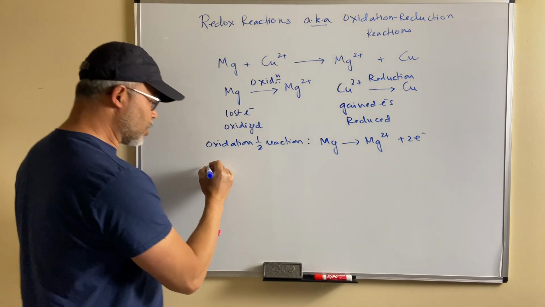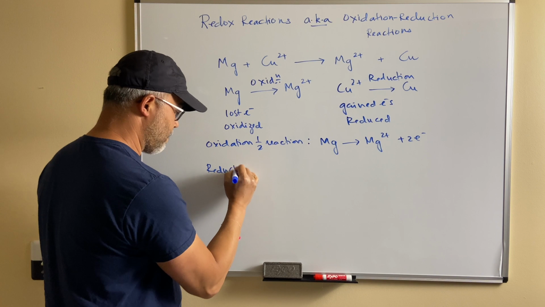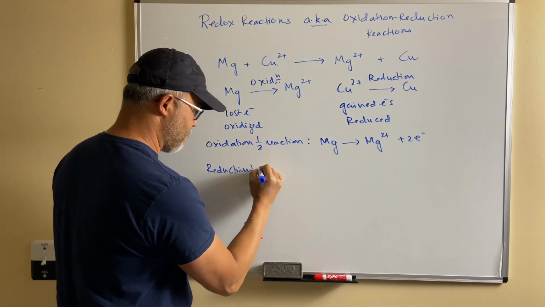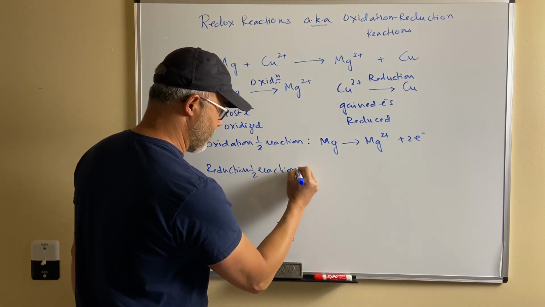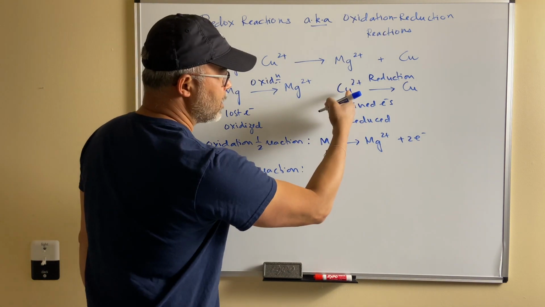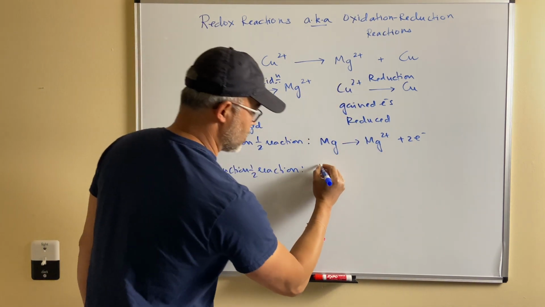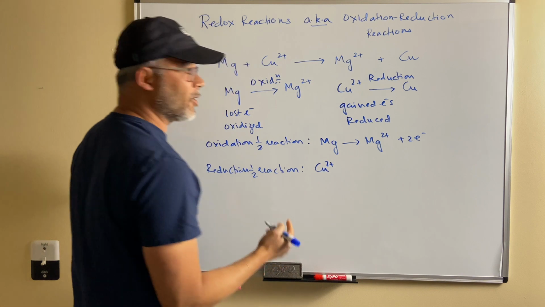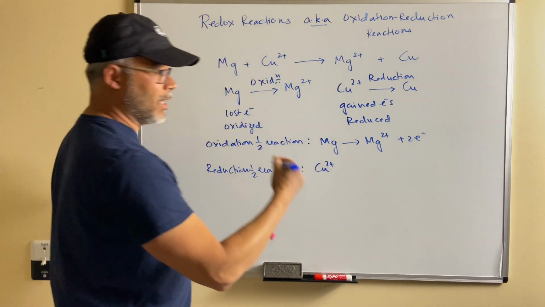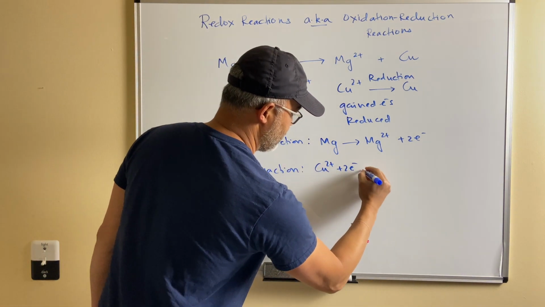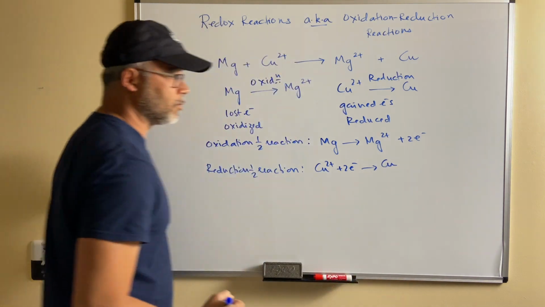Now the reduction half reaction is going to be Cu2+, which gains the electrons. In the reduction half, the electrons that it gains are always going to be on the left hand side, and that gives you Cu.